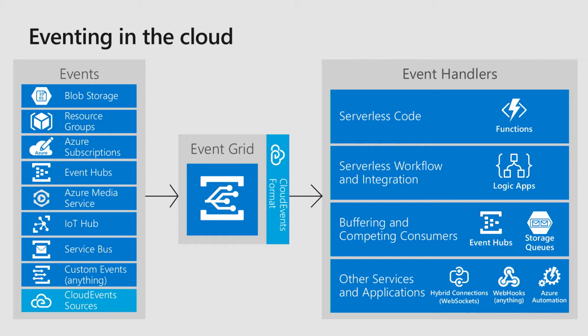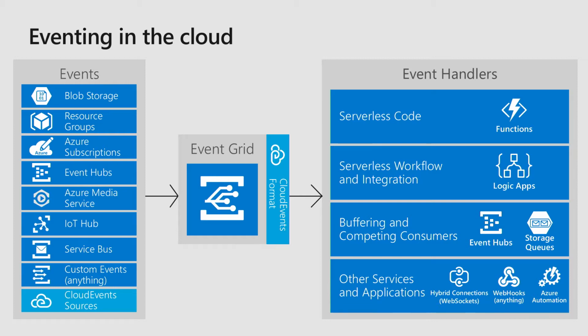This is something like a blob has been created in storage, a VM has been spun up by Azure Resource Manager, a process has finished in Azure Media Services, IoT hubs. All of these services publish built-in native events, and they do this in real time, in a high throughput serverless manner.